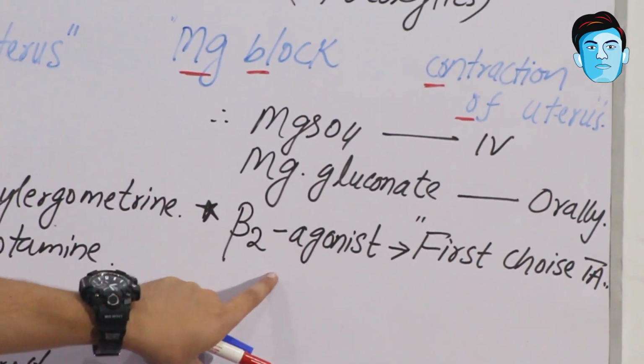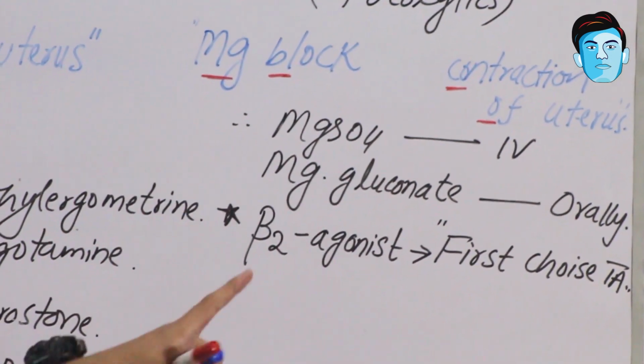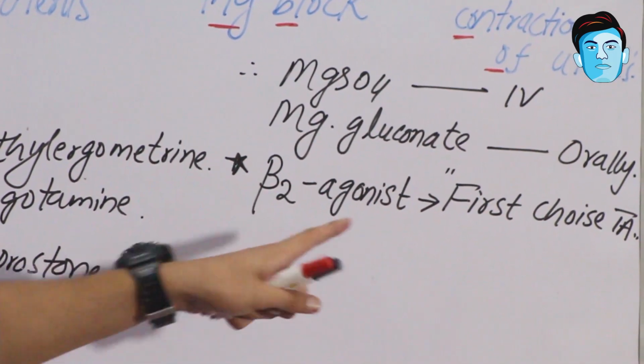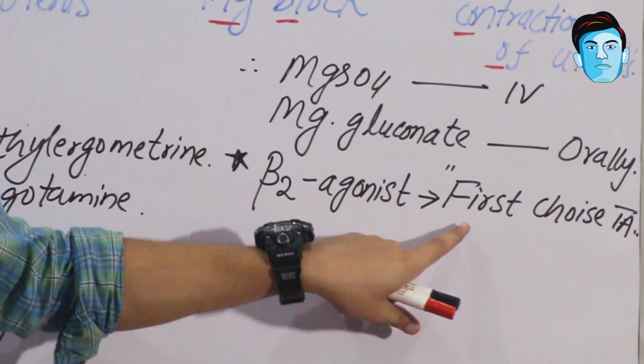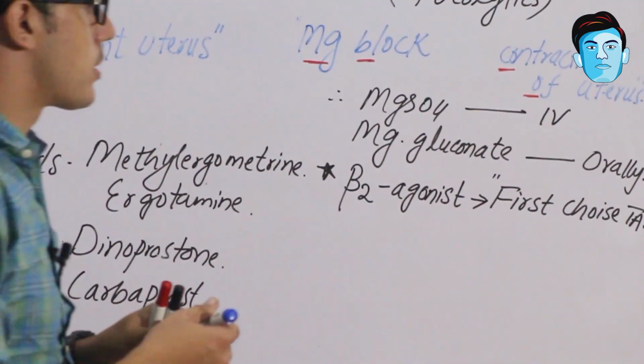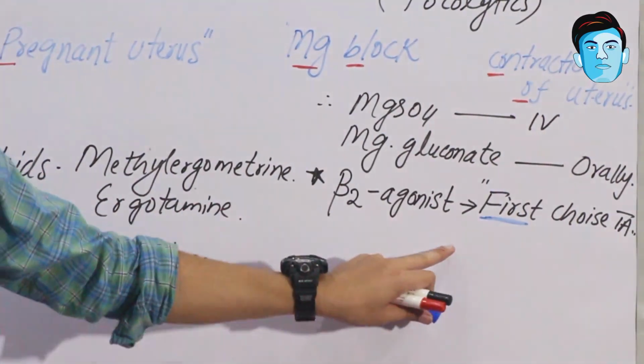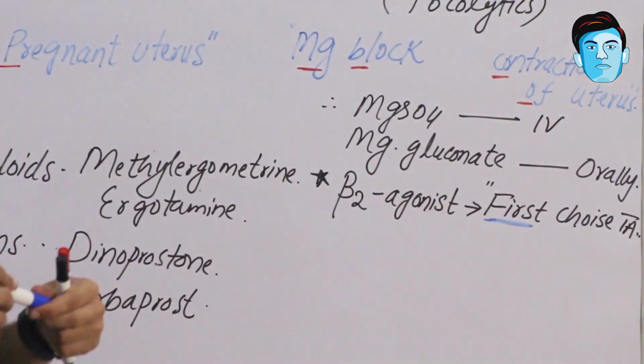In the category of beta 2 agonists, we have certain further drugs. For that you need to recall the word FIRST, where every single letter indicates a particular tocolytic drug.